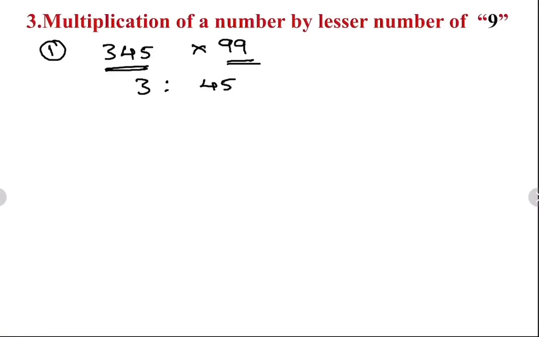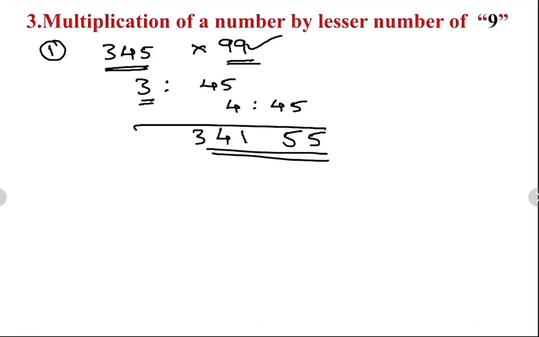So add 1 to the left hand side number, that is 3 plus 1, 4. 4 is to 45. Same you have to write. Then as 99 is nearest to 100, we take 10 to the power of 2. So 100 minus 45 you have to take. So that is 10 minus 5, 5. 9 minus 4, 5. Then 5 minus 4, 1, 4, 3. This is the answer.